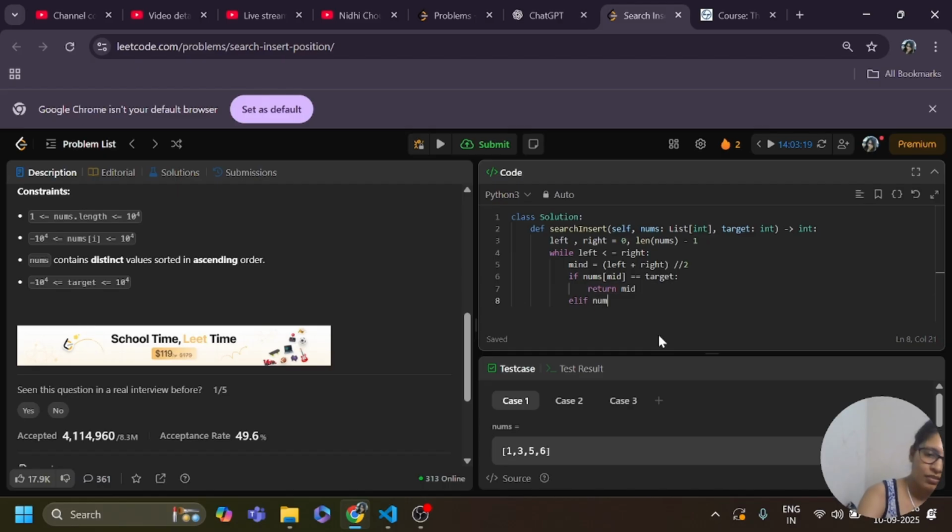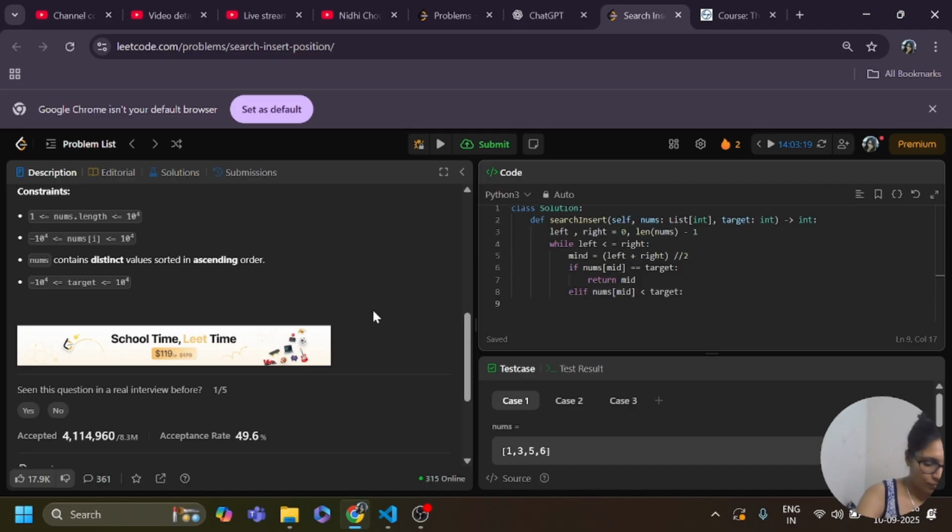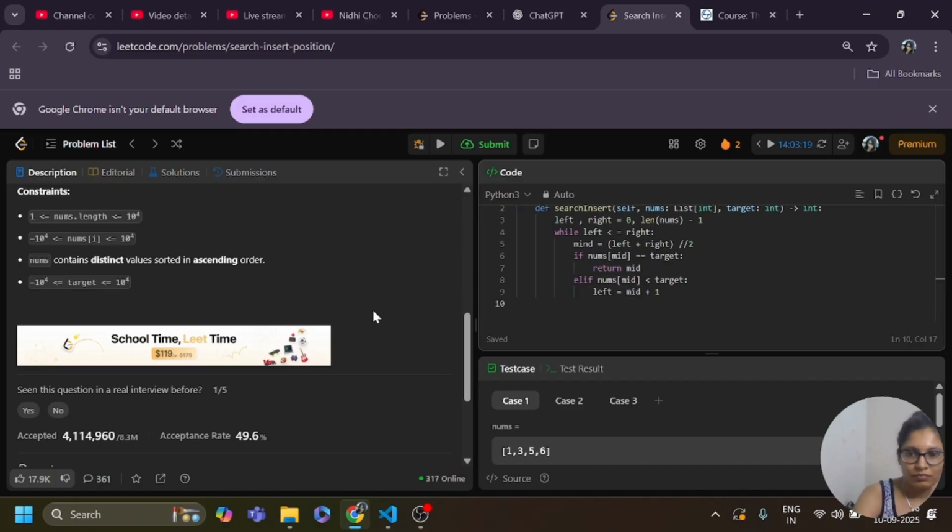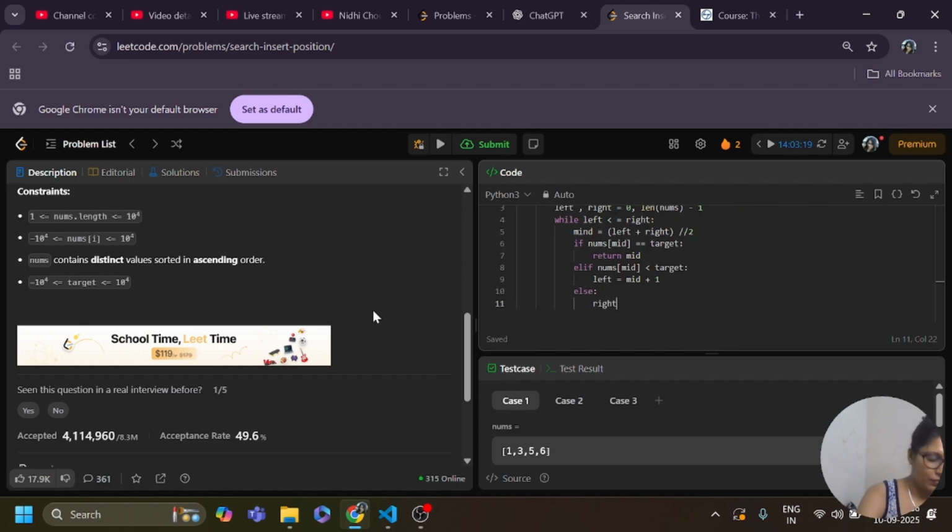And if nums of mid is less than target, left equals mid plus 1, else right equals mid minus 1.